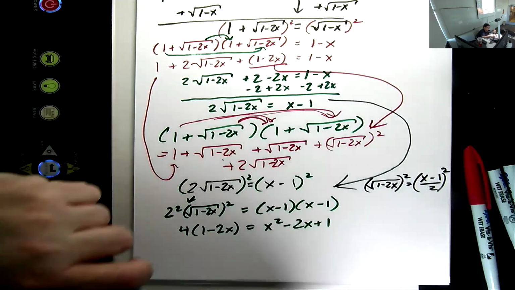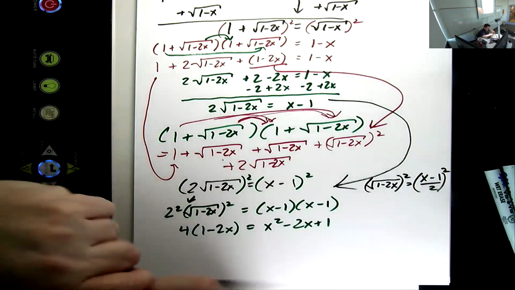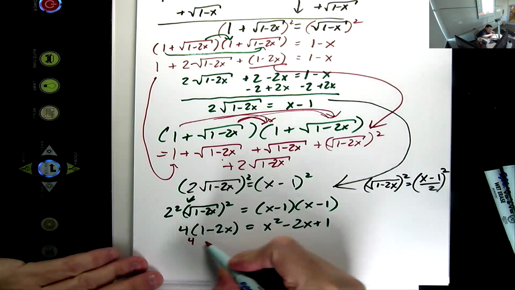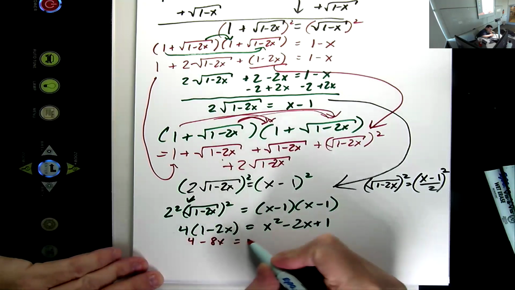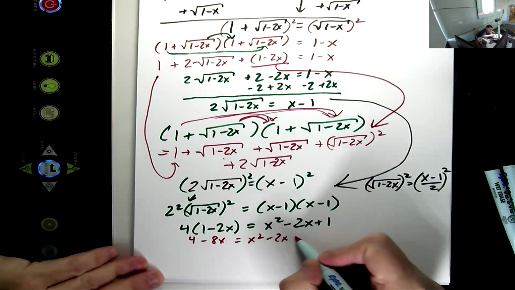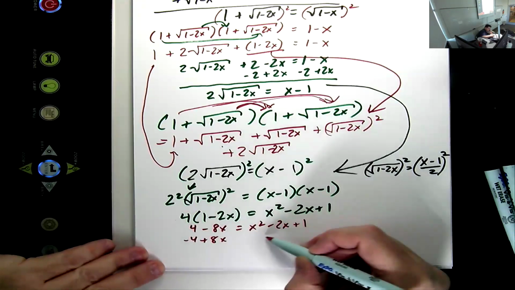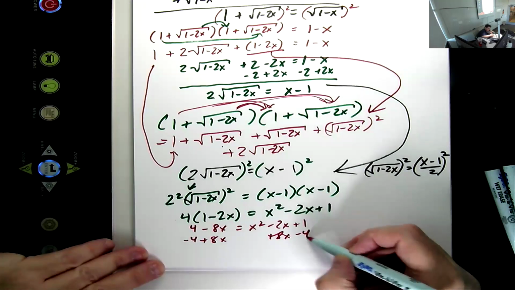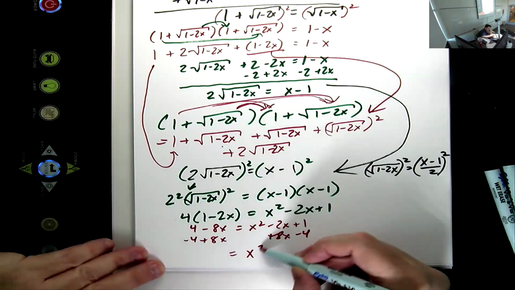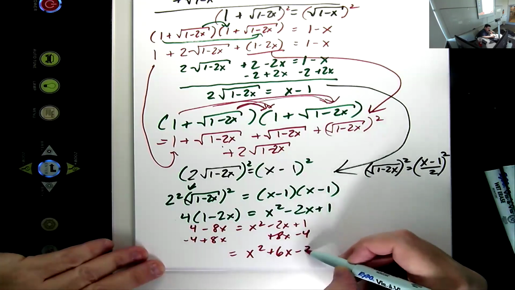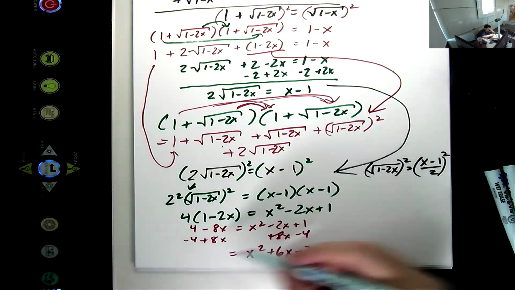We combine like terms. Yeah, we gotta distribute first, but we're gonna get everything on one side. Combine some like terms. I'll move everything to the right. And get x squared plus 6x minus 3. And 0 on the left.